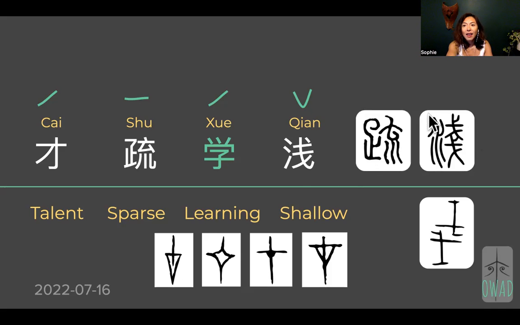Okay, 浅. We have the water sign on the left. On the right side, this is the more contemporary rendering of an ancient weapon called 戈. I tried to find what its original meaning was. It looks like this. I know little about ancient weaponry, and it looks sharp, right?